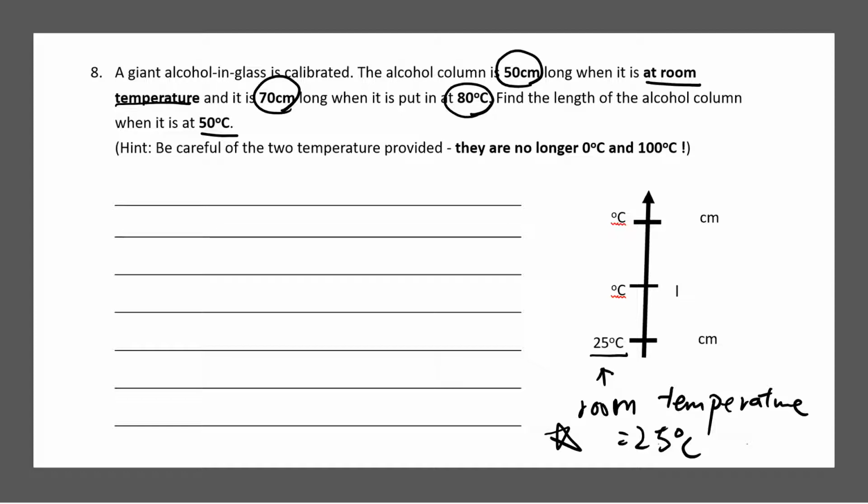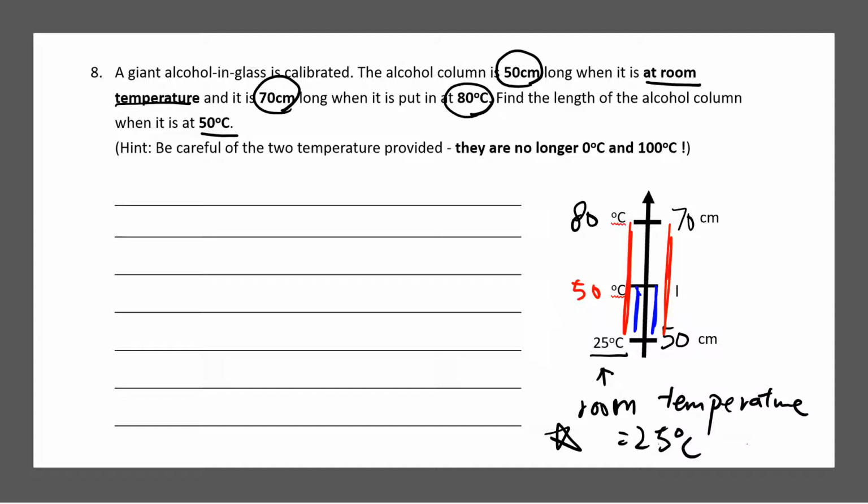And then this is 50 cm, and now you put 80 degrees, and that is 70 cm. Now you have to find 50 degrees Celsius. So if you understand it, then actually this one has nothing special.